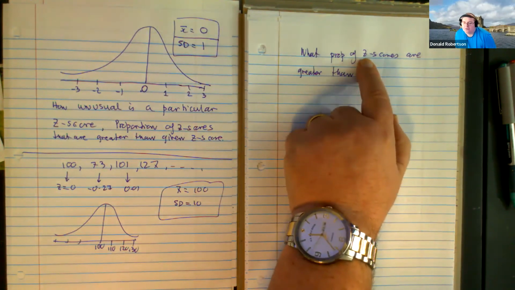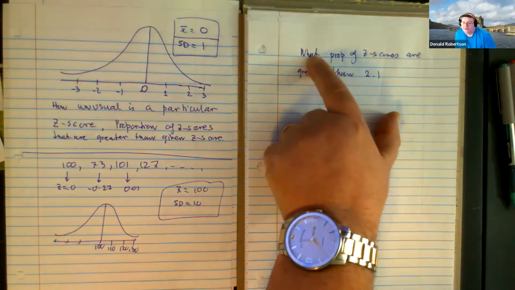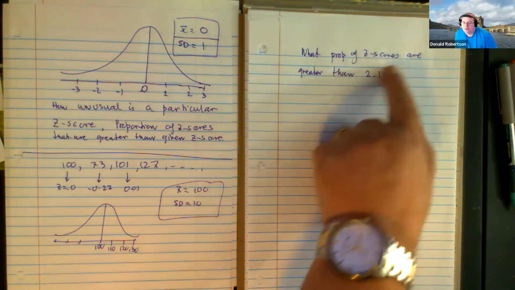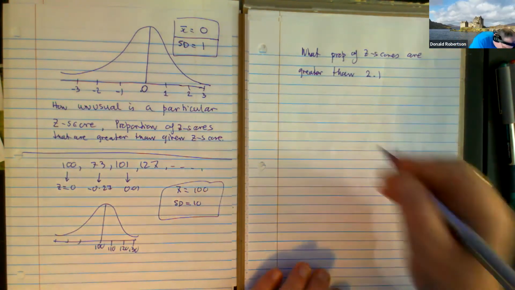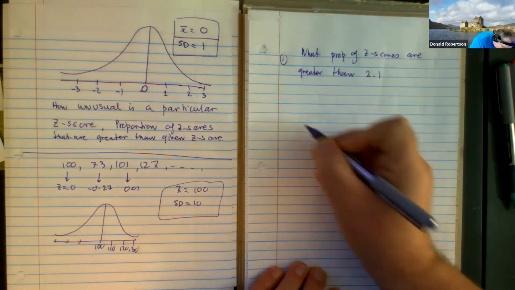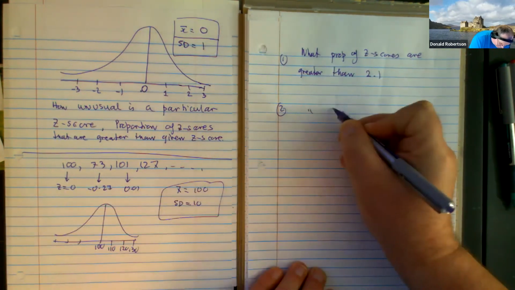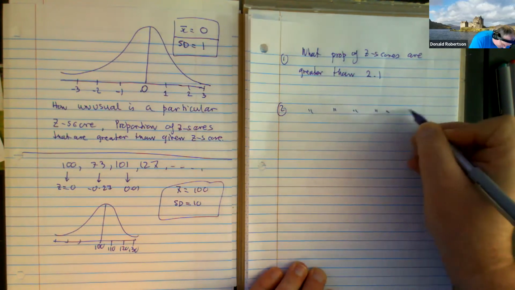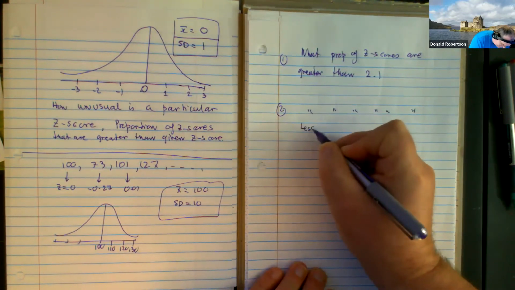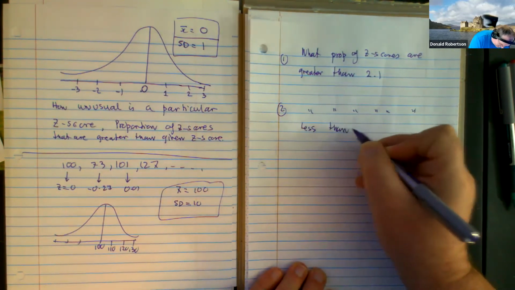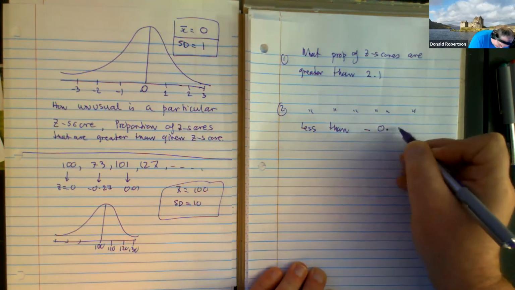We are going to use SALT to answer what percentage of z-scores are greater than 2.1. It's going to be my first one. The second one is, what proportion of z-scores are less than negative 0.9?